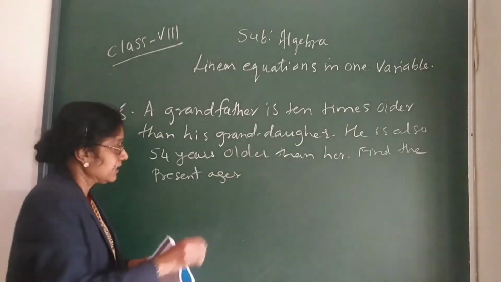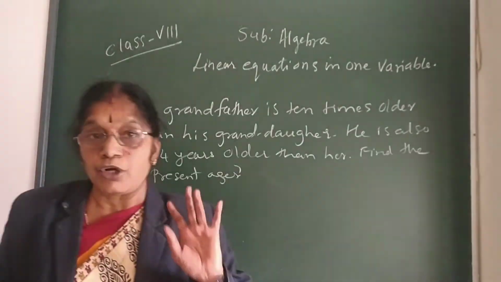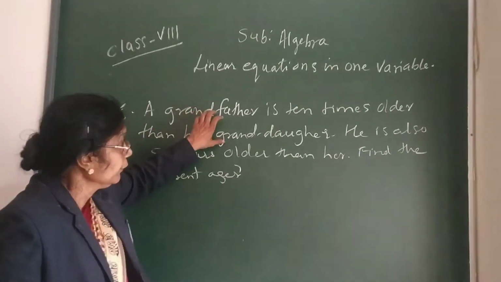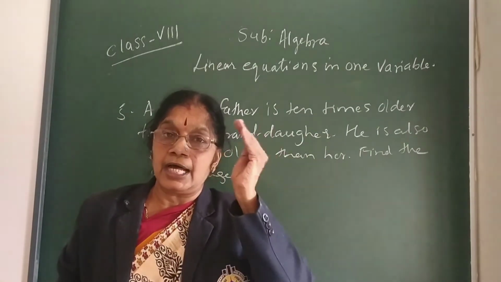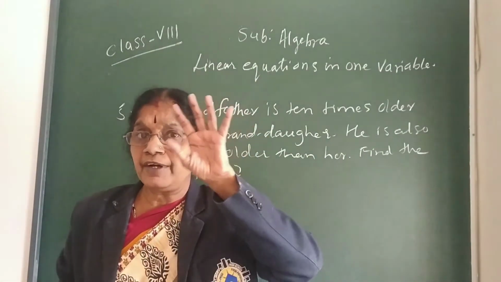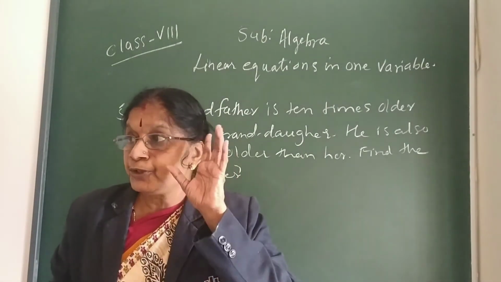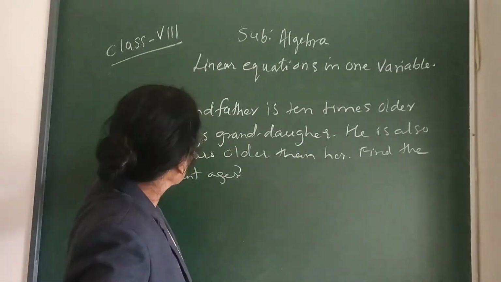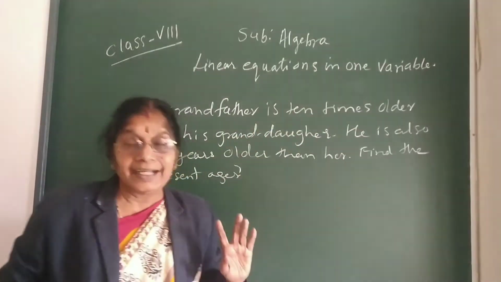So what is given in this problem? Grandfather and granddaughter are given. We should always remember that grandfathers are always older than the granddaughters. So the age of the granddaughter should be less than the grandfather while you are calculating this sum, that you should keep in mind. So what is told? Grandfather is 10 times older than his granddaughter.